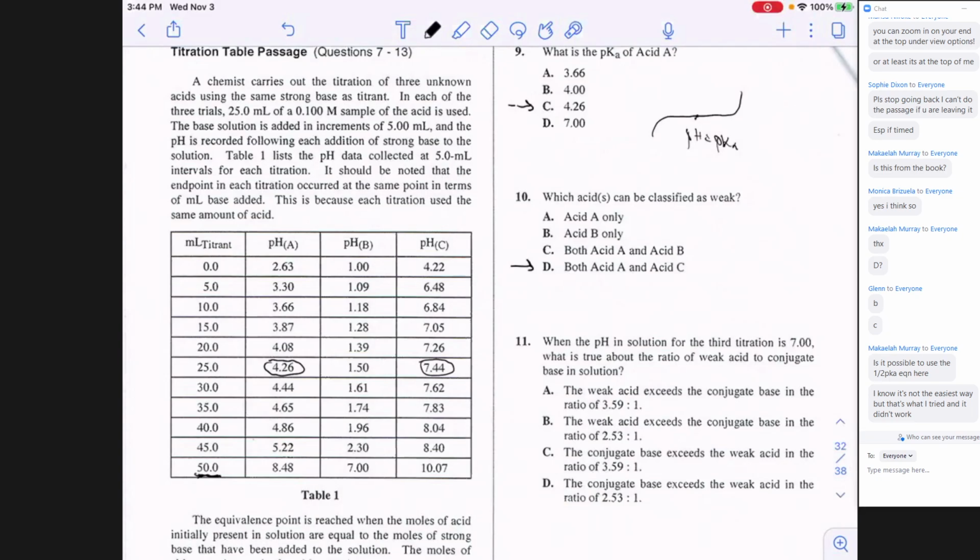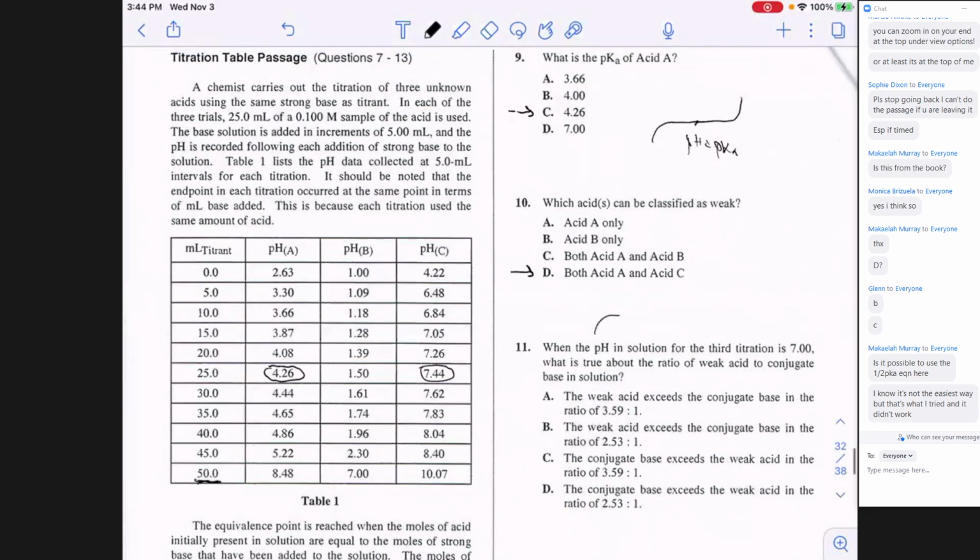So what is true when pH in solution for the third titration for C is 7? What is true about the ratio of the weak acid to conjugate base in solution? If we think about our titration curve, where half equivalence is reached at a pH of 7.44, because that's the pKa for the third acid.